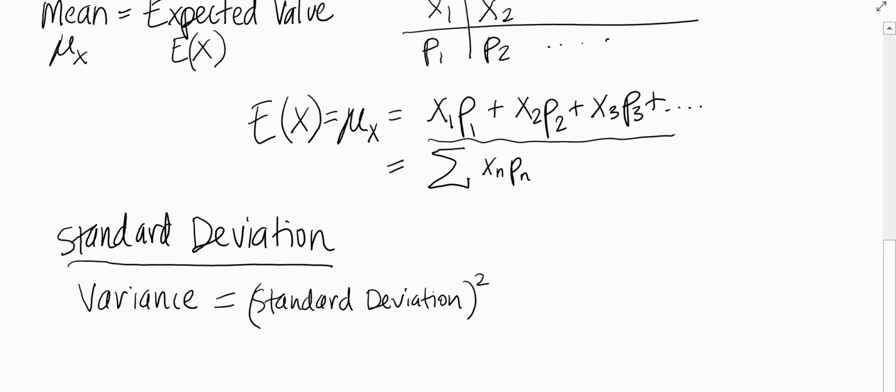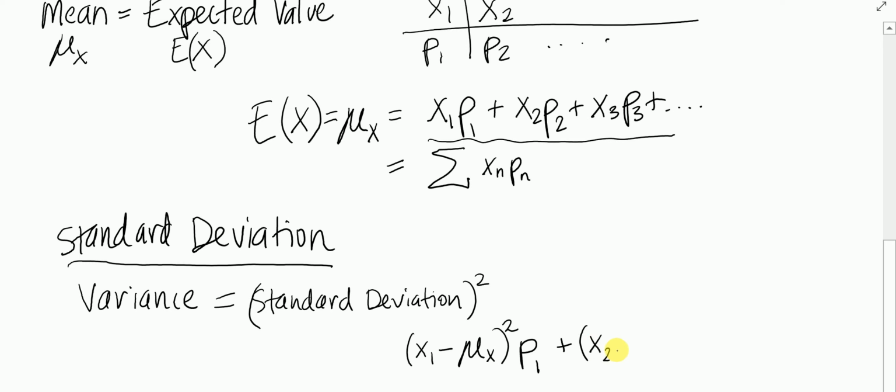And so for each value on the table, so we'll start with value 1, I'm going to take my value and I'm going to subtract the expected value, the mean, from it. Once I'm done doing that, I am going to square whatever this difference is. And finally, I'm going to multiply that squared difference by the probability from the first guy. Then I'm going to do the whole shebang again.